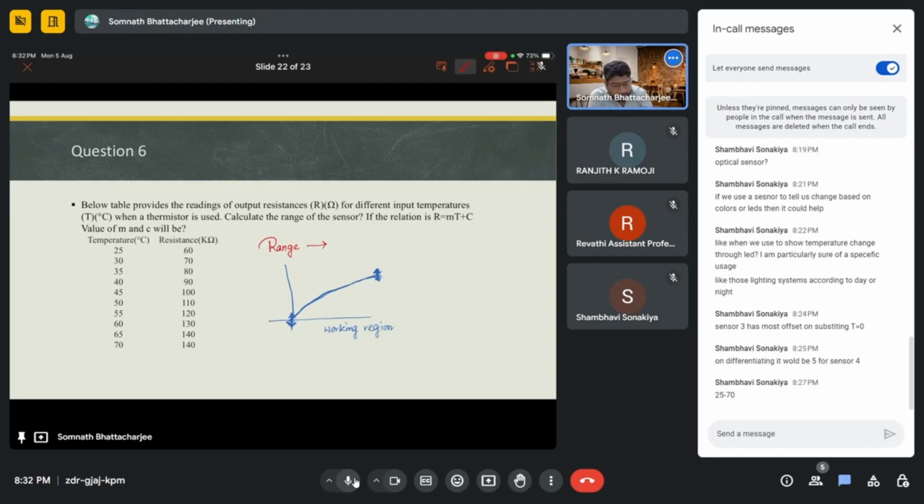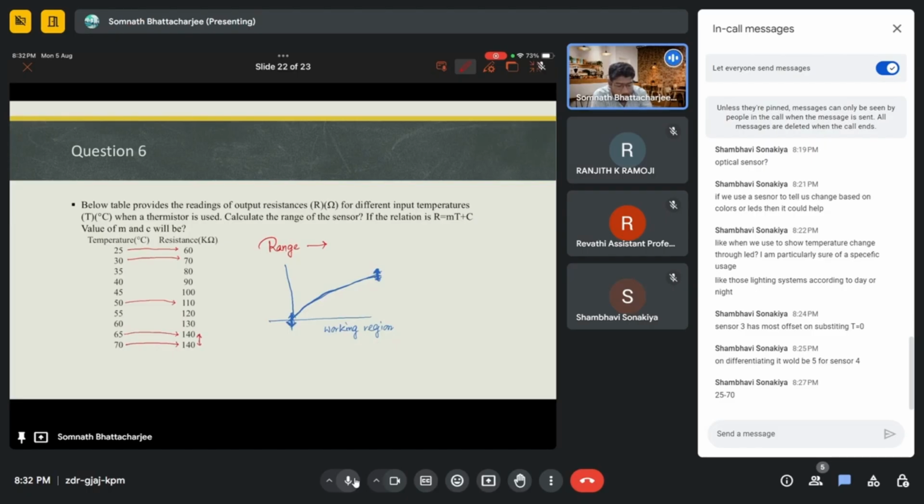Maybe we can check on this. On 25 degrees, the value was 60. On 30 degrees, the value was 70. Similarly, on 50 degrees, the value was 110. On 65 degrees, the value was 140. But when we increase to 70 degrees, there was no change in the value.